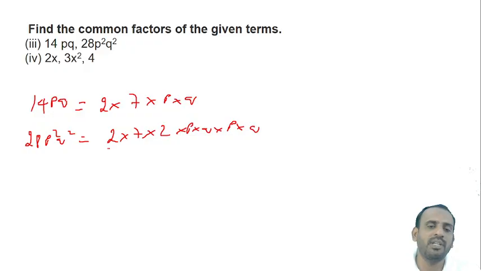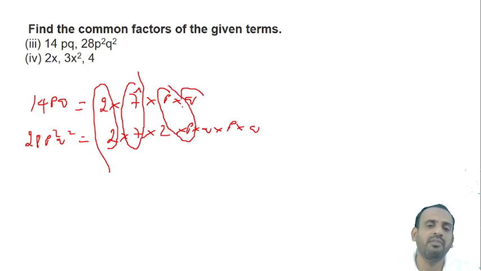So what is common here? We have 2 common, 7 common, then p common, and q common. So 2 into 7 into p into q, these are the common terms.